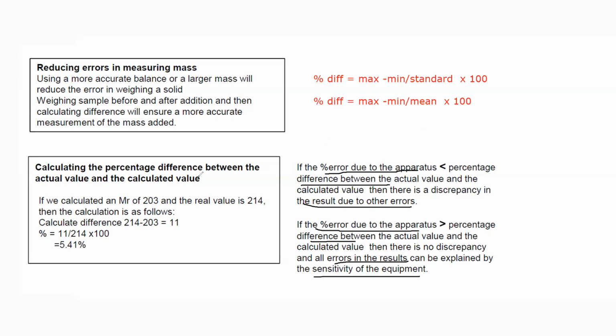a student performed the experiment and he's getting an answer 203, but the actual answer is 214. So what you will do: maximum minus minimum divided by standard into 100, you get a percentage difference of 5.41, and then you will compare this percentage difference with the percentage error or error in the apparatus.